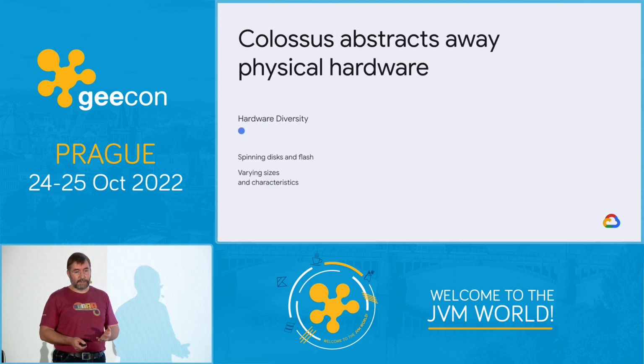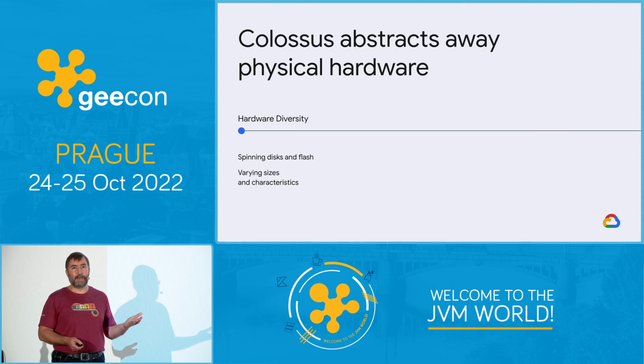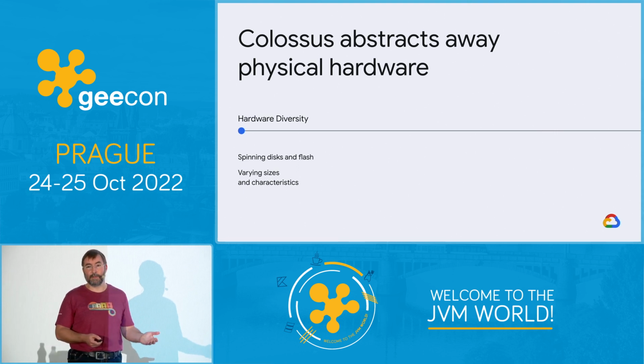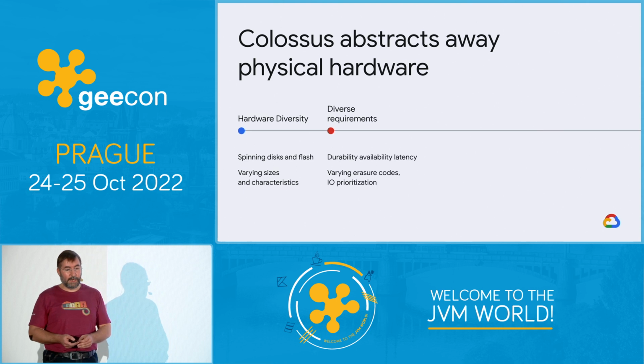And of course, this is kind of difficult, because there's a lot of diversity in hardware. We have spinning disk, we have flash, and we are buying the disks that are available on the market. There are shortages on the market, so maybe some kind of disk that we would wish to buy is not available, but we can buy some different disks, and we put that into that storage. Then we have diverse requirements from the clients.